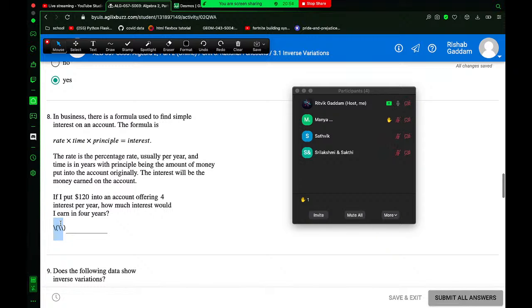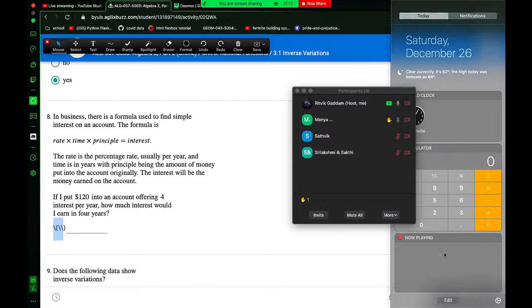Oh, yeah. The answer is going to be $12. Well, let's see. It's 120 times 0.04, and you get 4.8, times 4. I think it's actually 19.2.